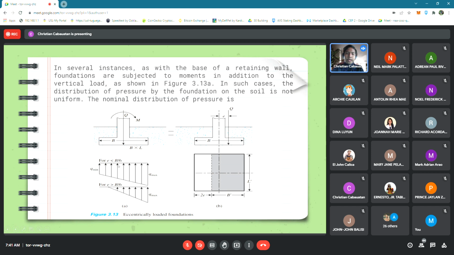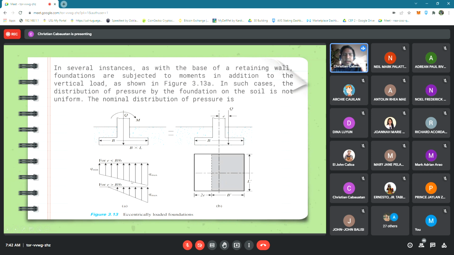If the eccentricity is less than B over 6, or the width of the foundation over 6, the distribution would be trapezoidal, because there is a q minimum, or the effective stress minimum, and also a q maximum. But if the eccentricity is greater than the width over 6, it would be triangular. In that instance, there is no q minimum, and there is only a q maximum.